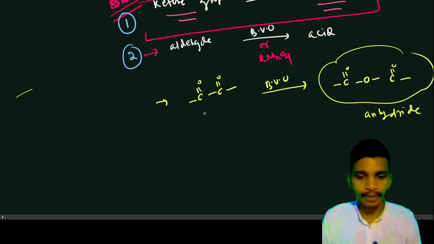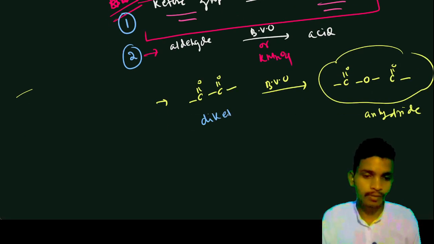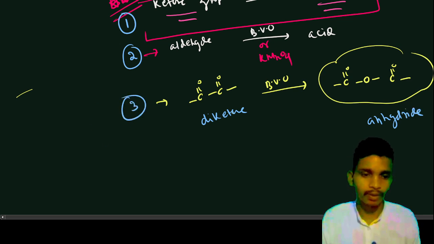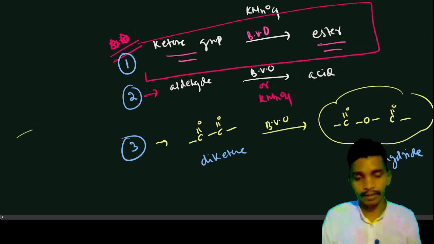And if we have diketones and you want to get anhydride groups, then also we can use the Baeyer-Villiger oxidation and we will get the anhydride products.